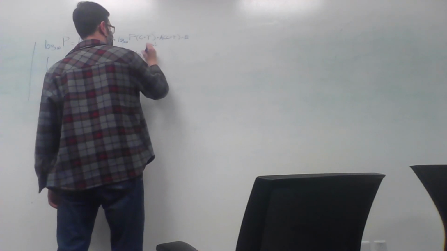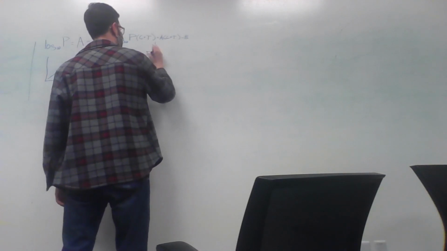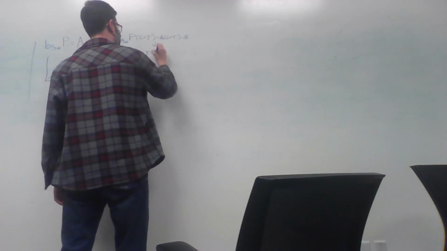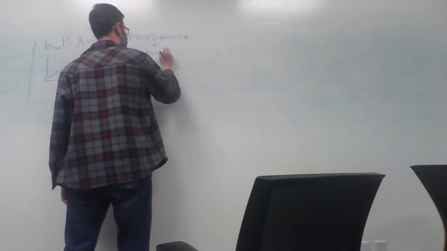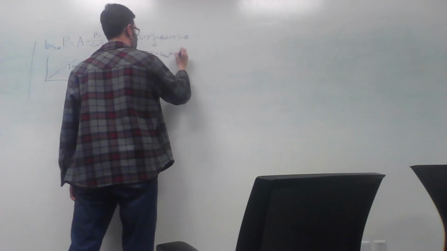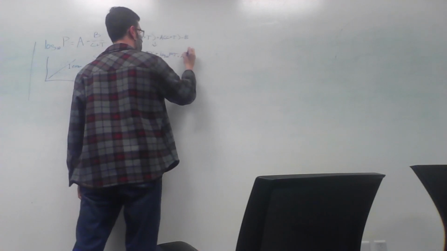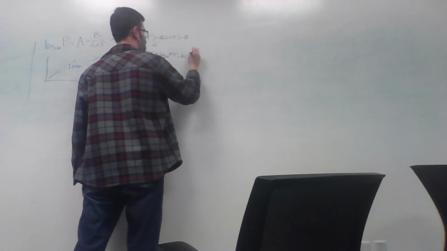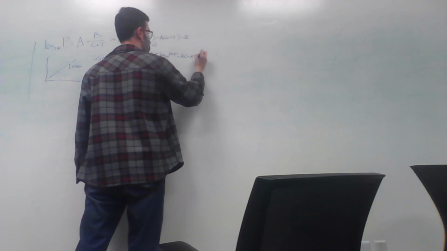So we're going to get log 10 of P times C plus log 10 of P times T equals AC plus AT minus B.